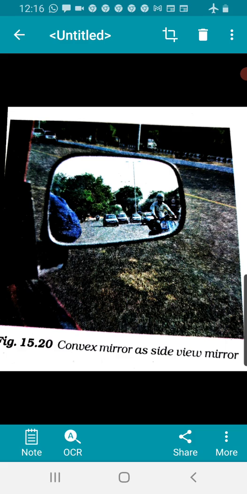This is because they form small images and give a spread over a larger area. So these help the drivers to see the traffic behind them.